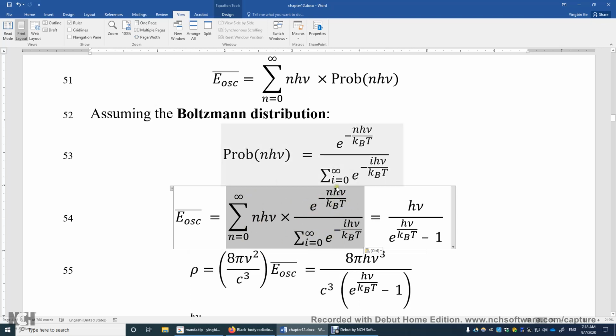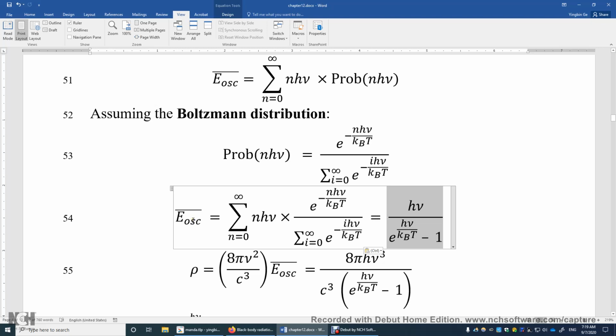So anyway, if you evaluate this, the result is exactly h nu divided by e to the power of positive h nu over kBT minus 1. So over here, it's positive. There's no n here, no i here. So anyway, this is a fairly simple expression for the oscillation energy.